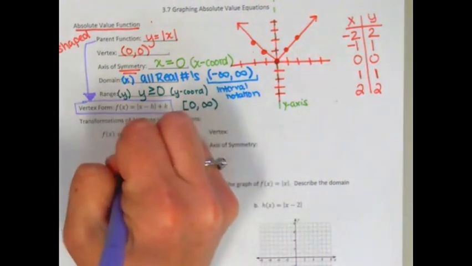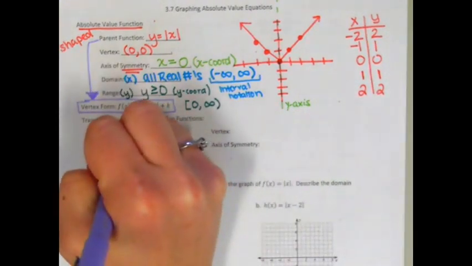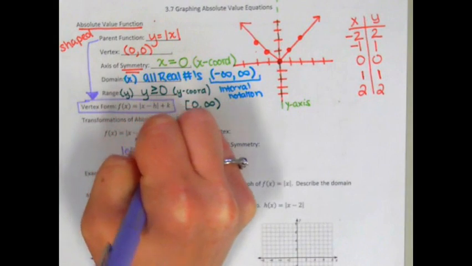The H is kind of how I remember it. The H is inside with the X. So what axis is my X? What axis is X? Is it the horizontal or the vertical? The horizontal, right? So the H moves it left or right.